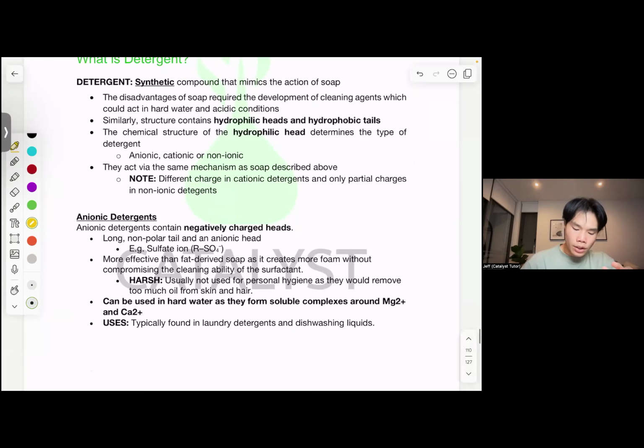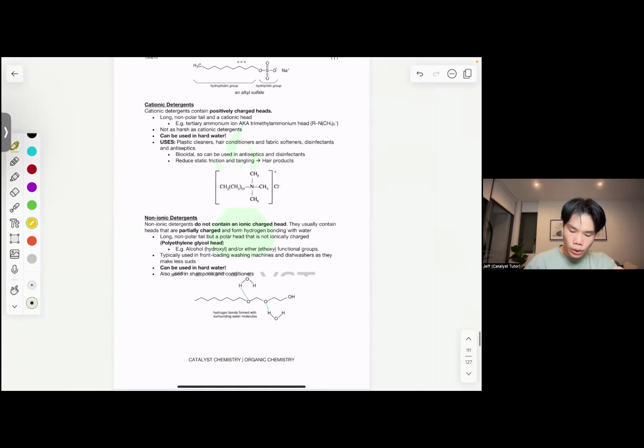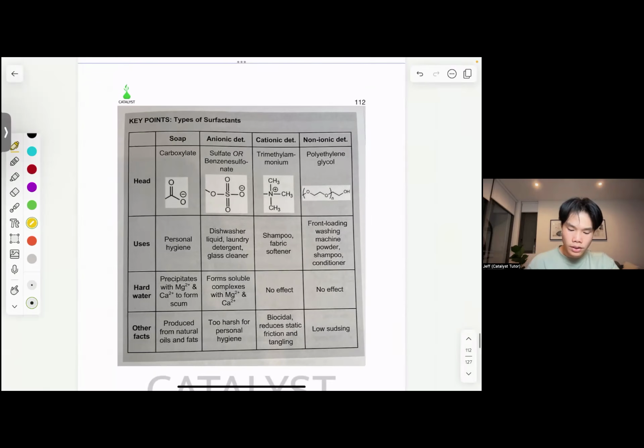These can come in anionic, cationic, or non-ionic forms, and they look something like this, where you have carboxylate, sulfate, trimethylammonium, or polyethylene glycol heads. They all have the same mechanism as soap in the way it cleans. Just keeping in mind that for the anionic detergent, you still form soluble complexes with magnesium and calcium, so there's reduced efficacy in hard water still.